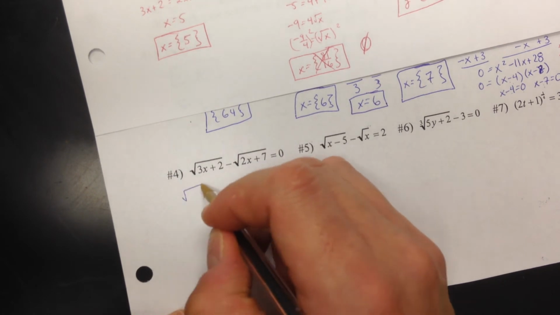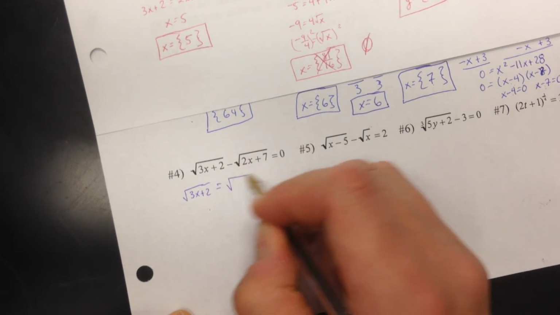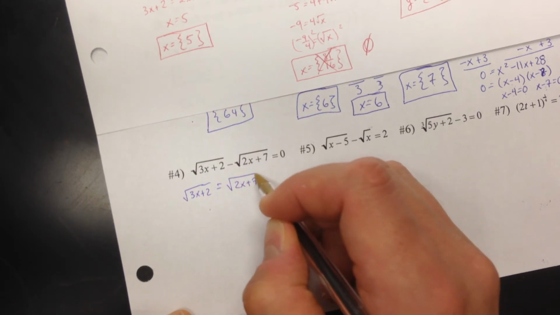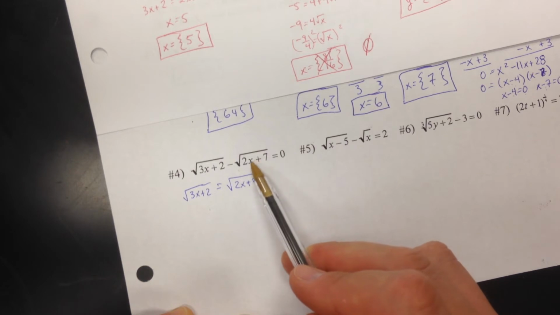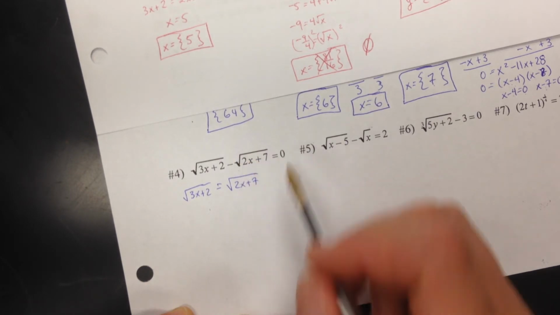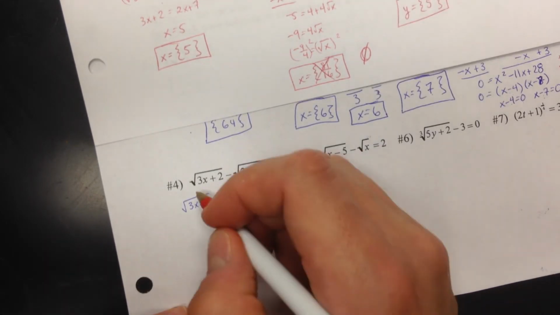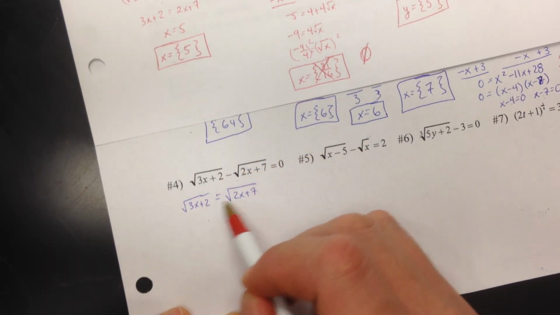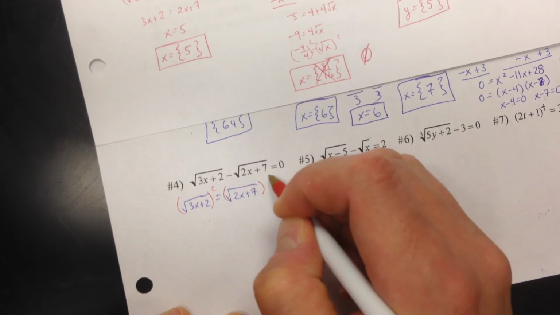So what we'll get is square root 3x plus 2 equals positive square root 2x plus 7. Because what I did was I added here and here. Now actually, this looks kind of confusing, but how do you undo a square root? We have to square both sides.